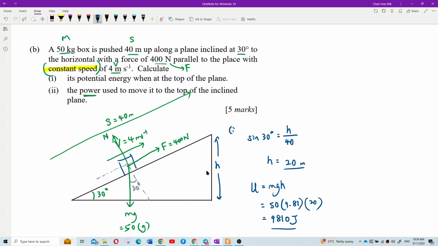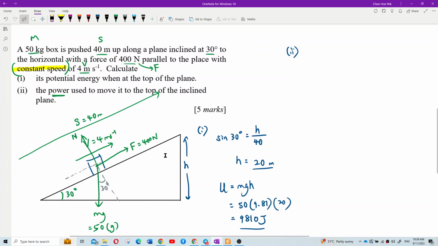Question 2. What's the power used to move it at the top? Power used. Constant speed, class. So power used means power by the force. You want to find the power by the force.